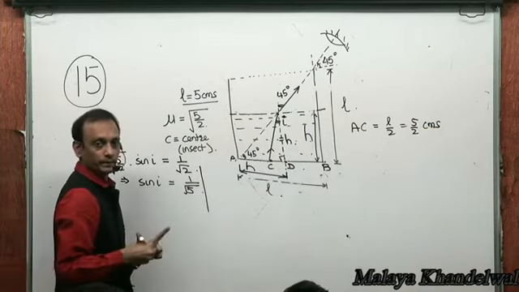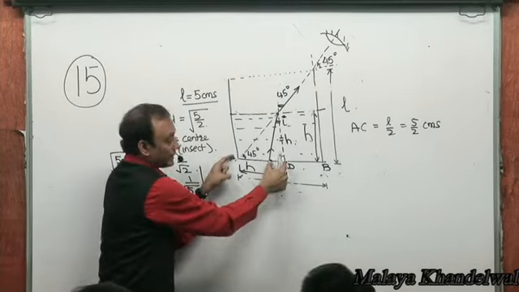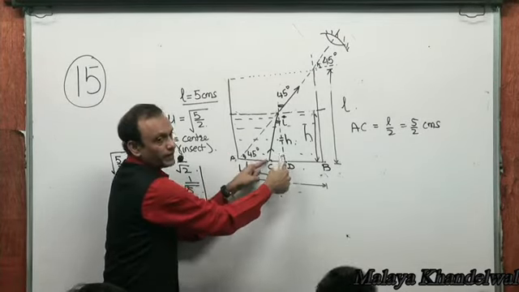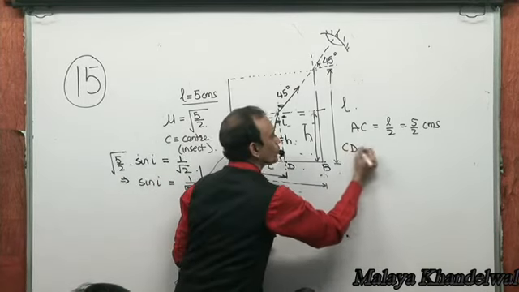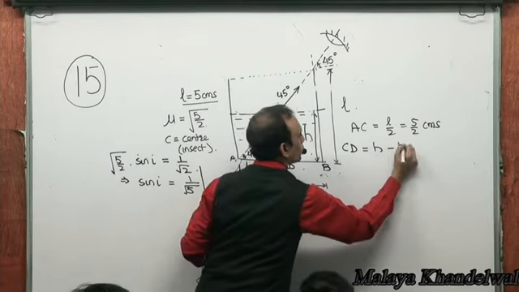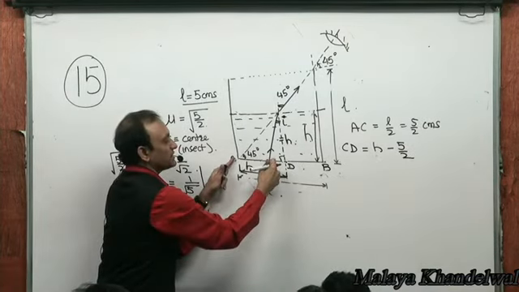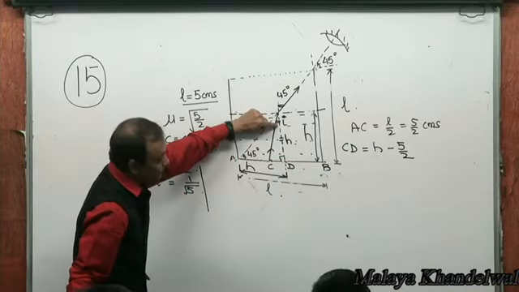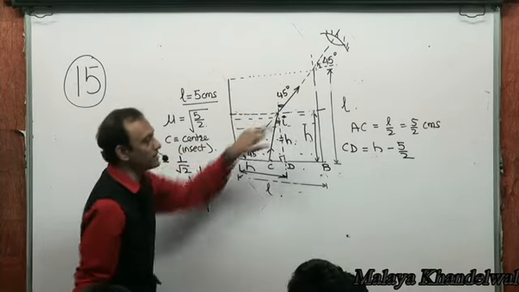CD, therefore, would be h minus L by 2. Now, tan I is CD by h.